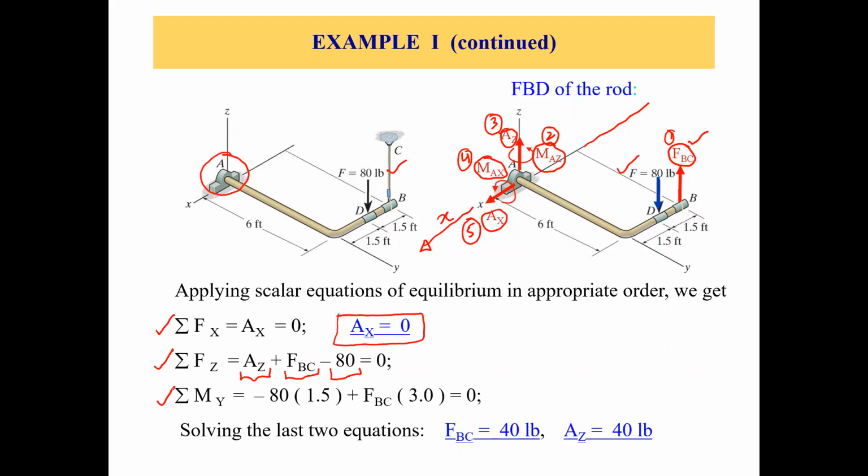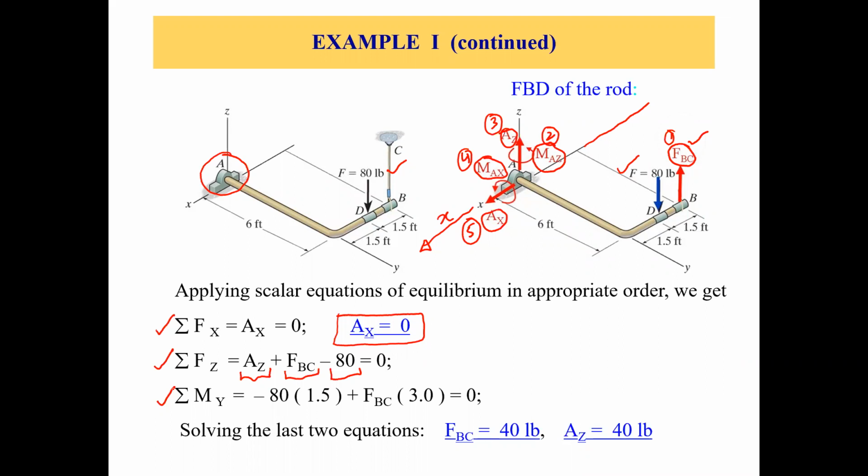So the only forces creating moment around y-axis are F, which is 80 pounds, and FBC, which is unknown, right? So that's why we get negative 80 times 1.5, which is the moment arm for the 80 pounds force. And it's negative because it's creating a clockwise moment around y-axis.